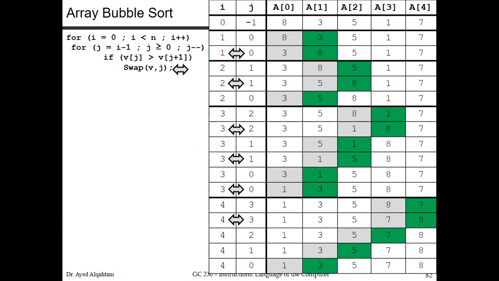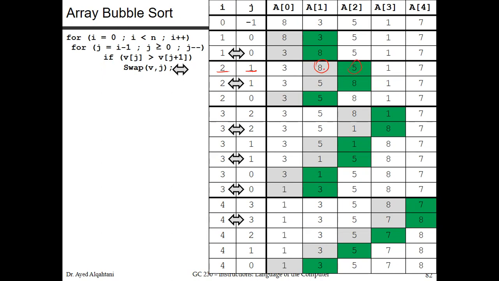Now, we will increment the I to 2. And then the j is going to be 1 step less than the I. So if it is 2, it will be 1. You begin at 1. And then, since you have the j at 1, you will compare v of 1 with v of 2.